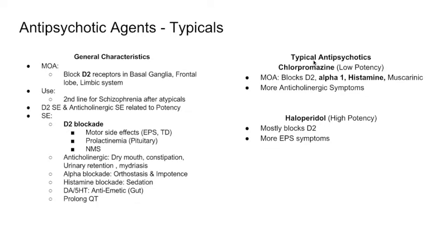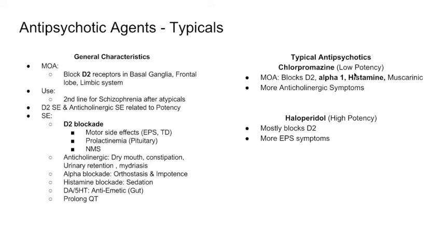Now, specifically with the typical antipsychotics, as I've said, it depends on how potent the antipsychotics are. So they're divided into two subclasses: the low potency antipsychotics and high potency. What does that mean?